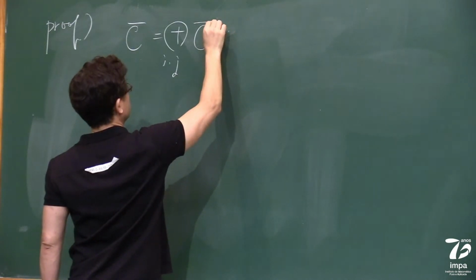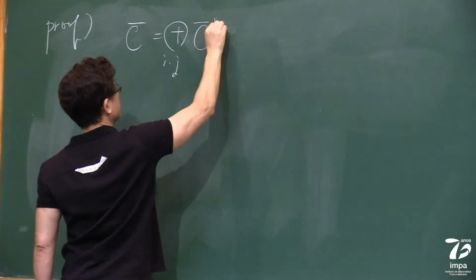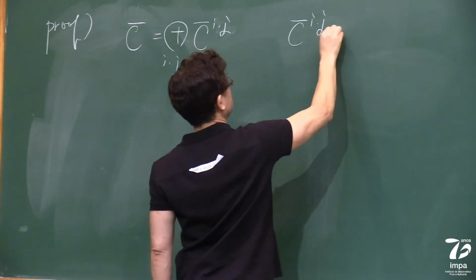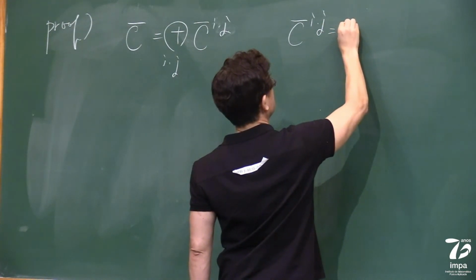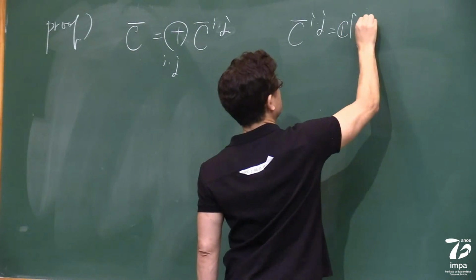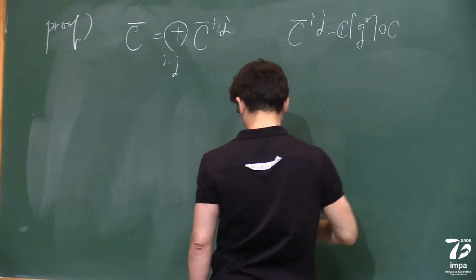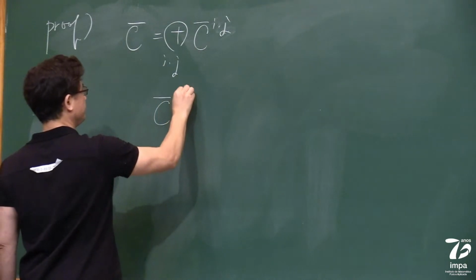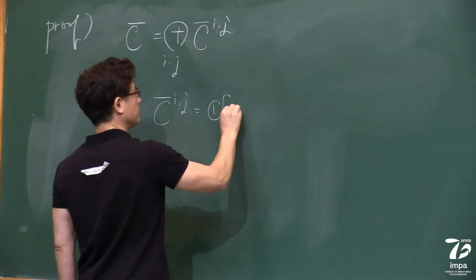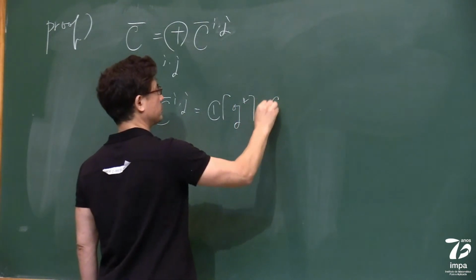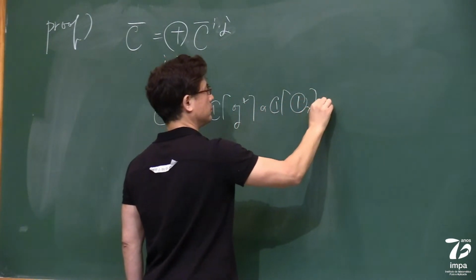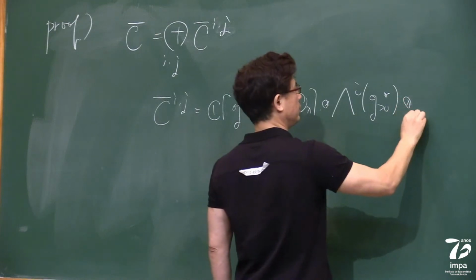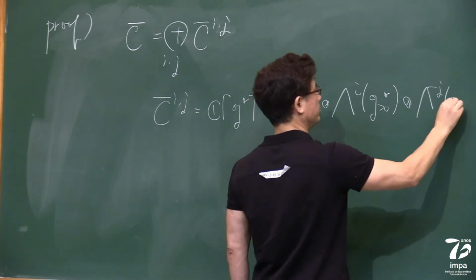Maybe C^n, C^ij, where C bar ij is C G star tensor, maybe C bar ij tensor lambda i of the positive star and lambda minus j of the positive.